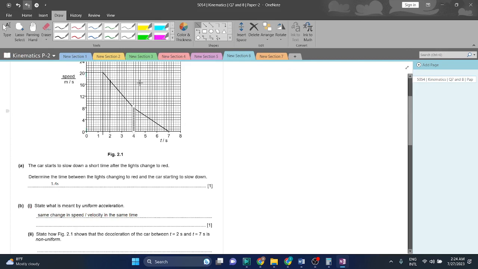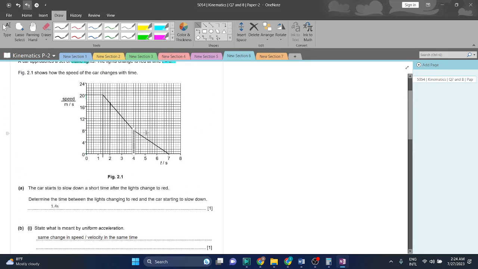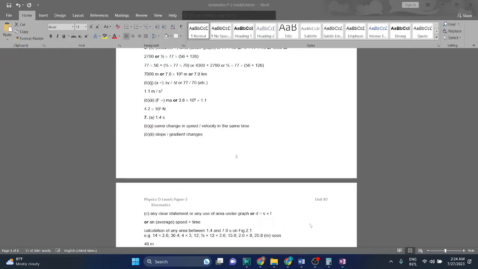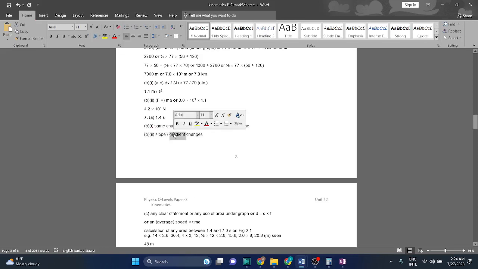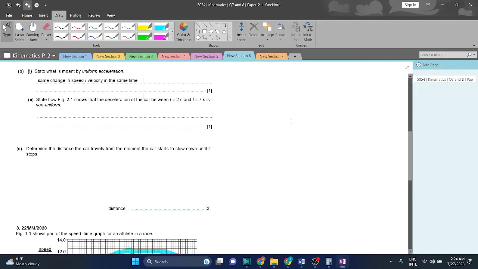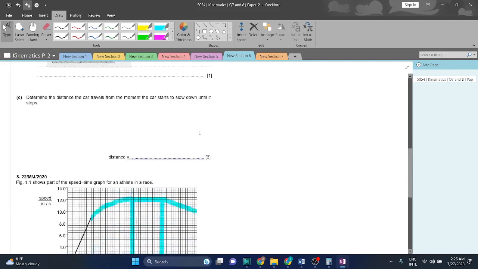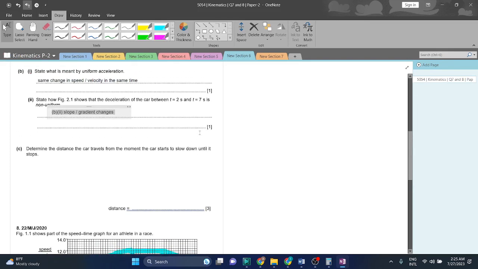If you calculate the gradient, you will realize what the actual values are. 4 to 7 has a different deceleration value from 2 to 4. That is the on-paper answer: the slope gradient changes. The slope gives us the acceleration, and negative acceleration is called deceleration, and that is changing. A speed-time graph gives us acceleration, so keep that in mind.